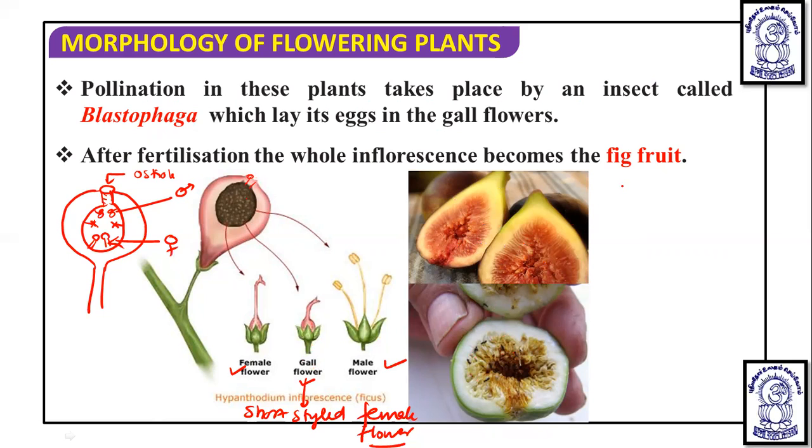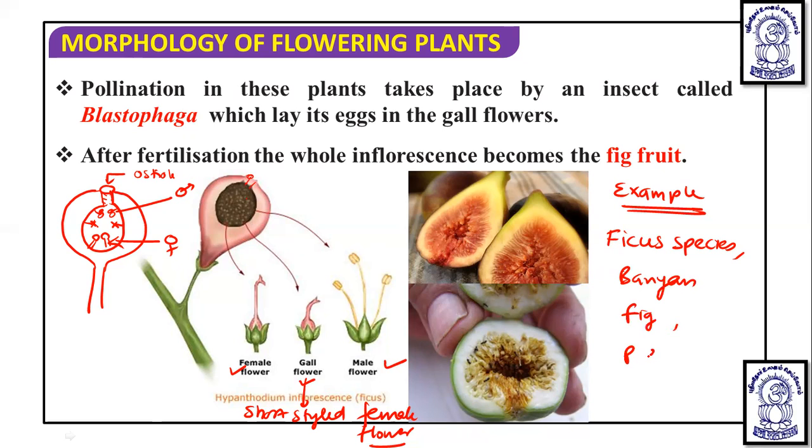The example in which this type of inflorescence is seen is the Ficus species, that are banyan tree, then fig, and then peepal. In these you will see this special type of inflorescence. So all three special types of inflorescence, verticillaster, cyathium, and hypanthodium, have been understood.